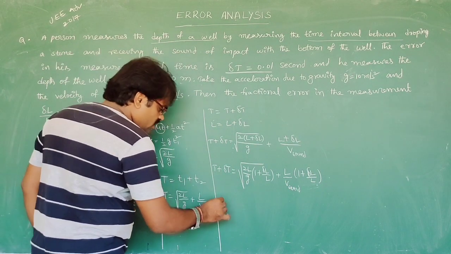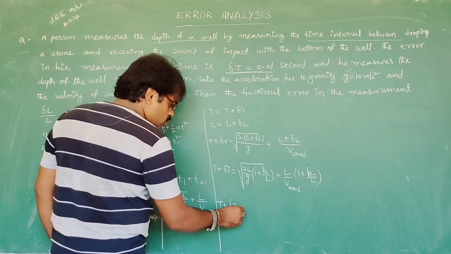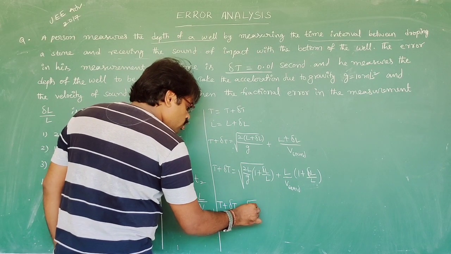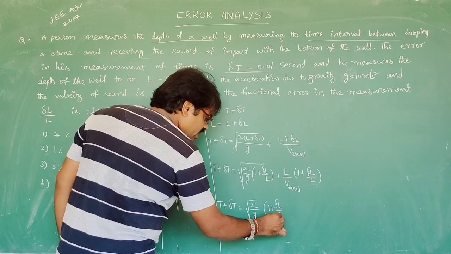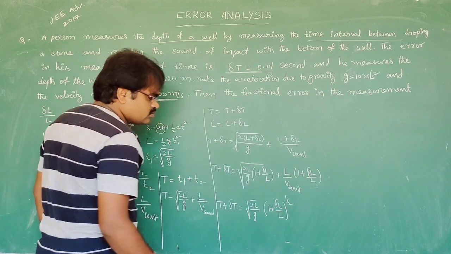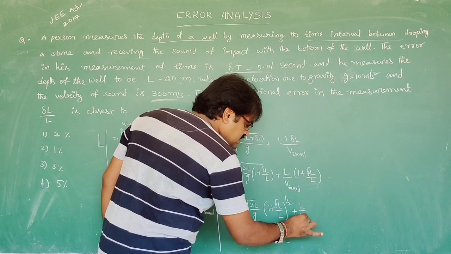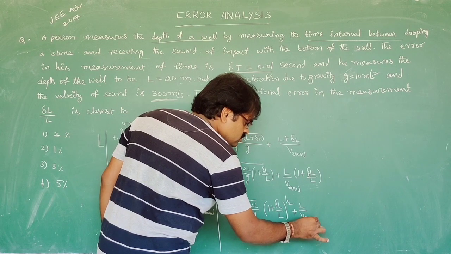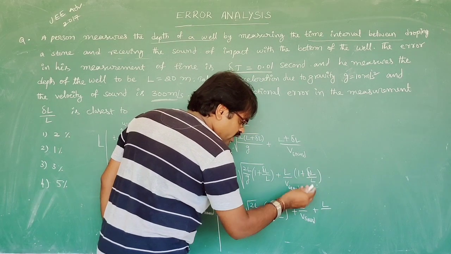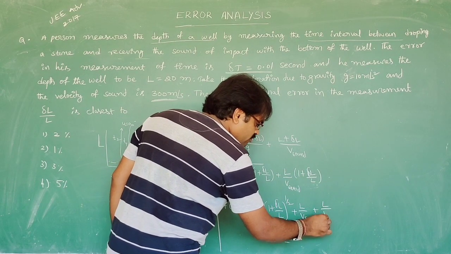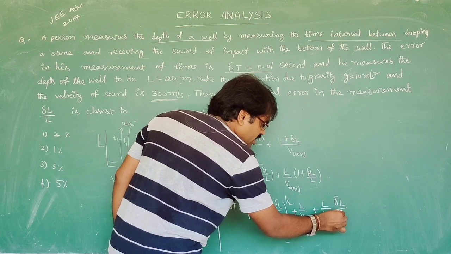Now here, T plus delta T is equal to root of 2L by g into (1 plus delta L by L) whole power of 1 by 2, because of splitting that, plus L by v sound into (1 plus delta L by L).